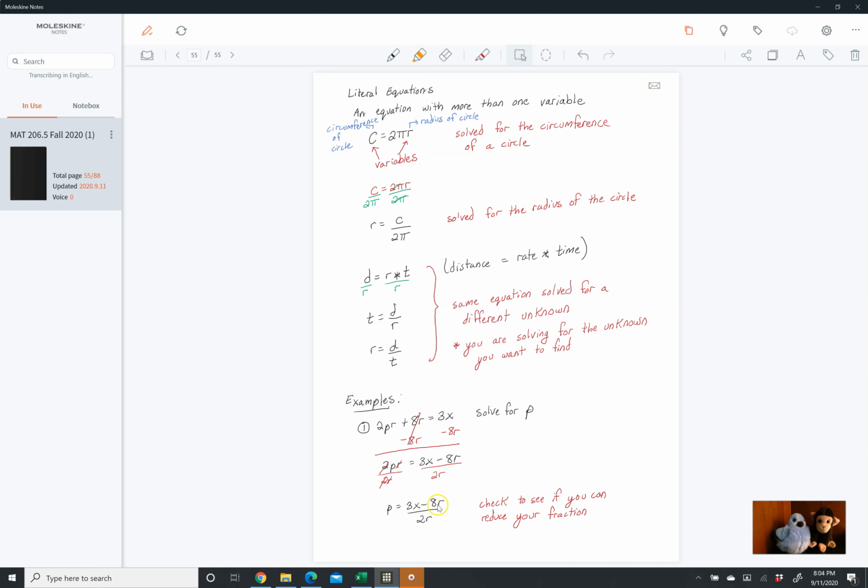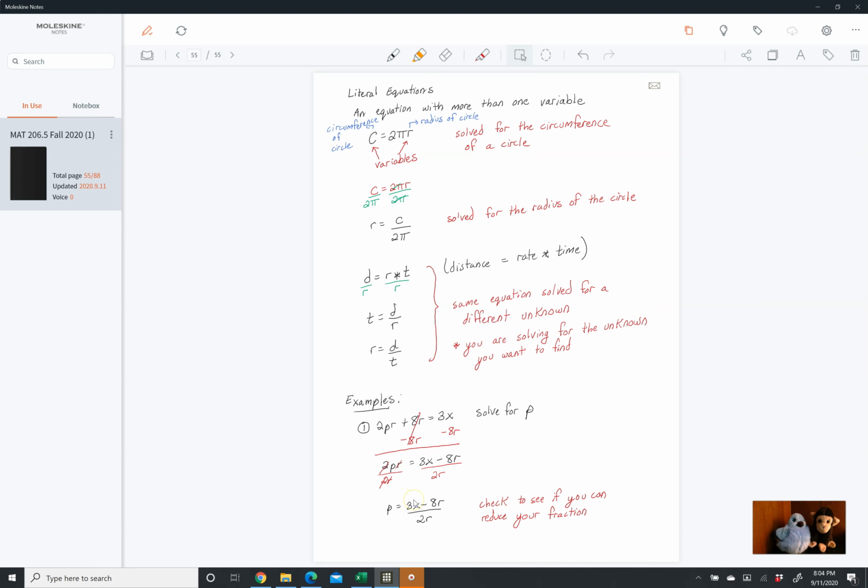The 8r and the 2r have an r in common. But that's not enough. The 3x also has to have an r in it, okay? Same thing with the 2. 2 and 8 both have a 2 in common, but that's not good enough, okay? Every single term has to have the same thing in common so that you can cancel it out from every single term, okay?